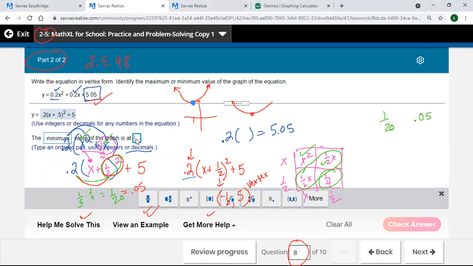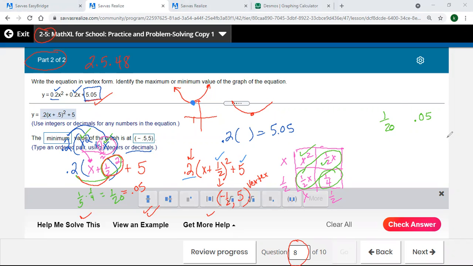And what did we say the vertex was there? Again, integers or decimals. So we said -0.5, comma, 5. And that was because it was the opposite of this and the same as that.